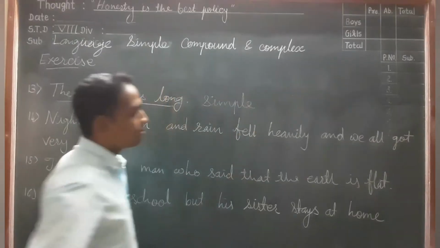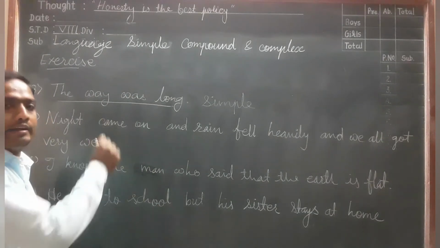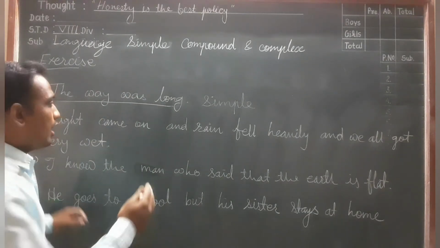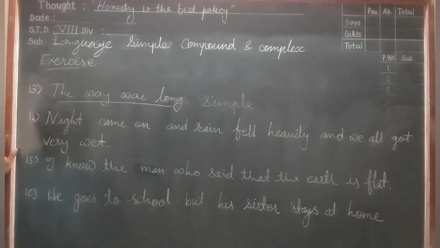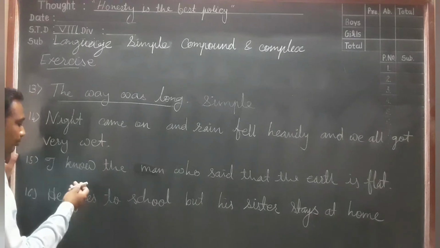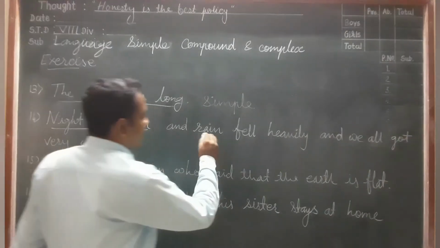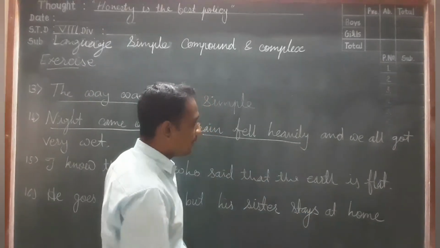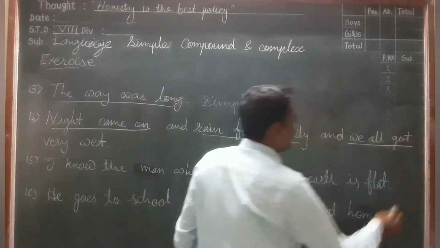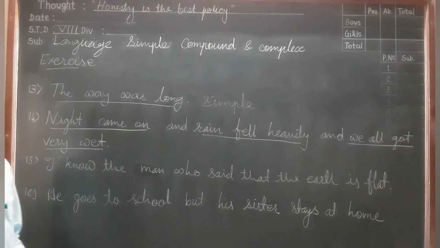Here it has only one clause and it stands on itself. Next sentence. Night came on. Rain fell heavily. We all got very wet. There are three clauses.